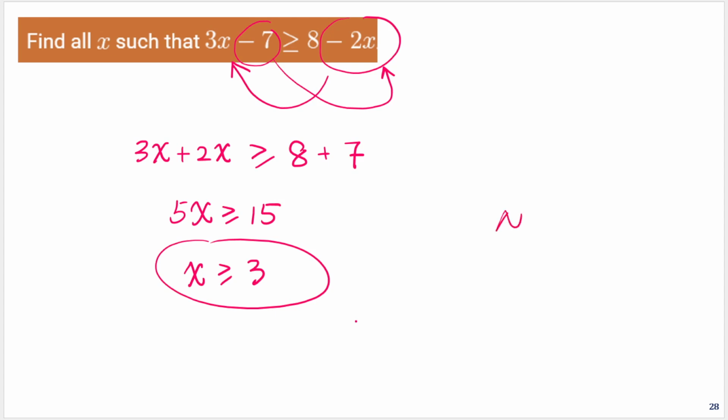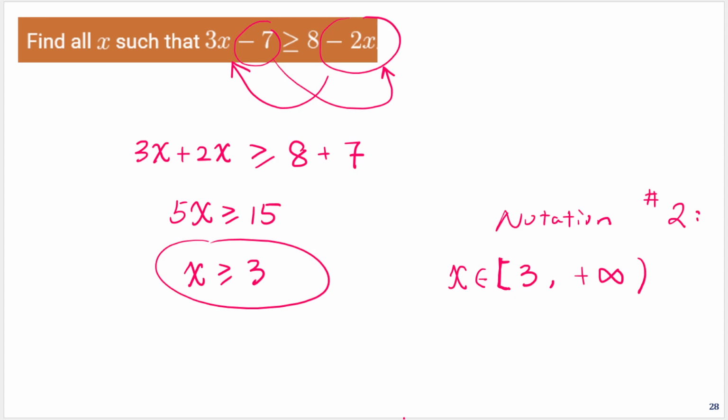And there is another notation to denote a solution like this. So solution number 2 looks like this. X is greater than or equal to 3 means x belongs to an interval from 3 inclusive to positive infinity. You get it?